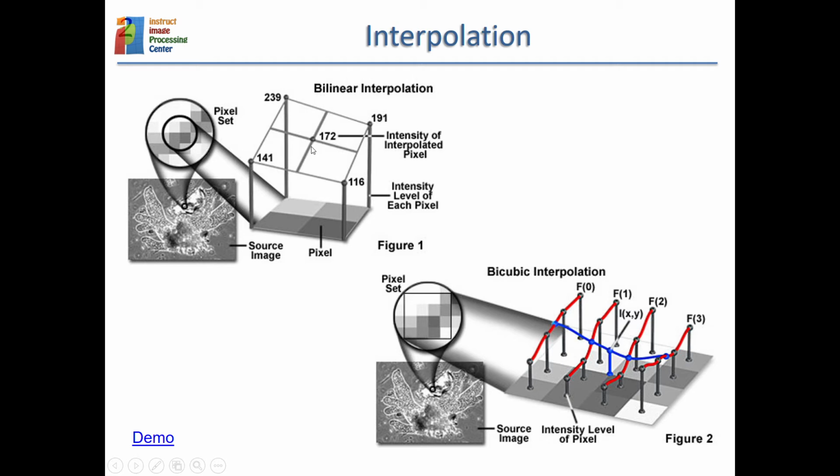And the evaluation of that plane here would be 172. That is a value that is somehow in the middle of the 4, and it gives more importance to the pixels that are closer. So if I evaluate the plane at a location that is very close to this 191, it will be close to 191.